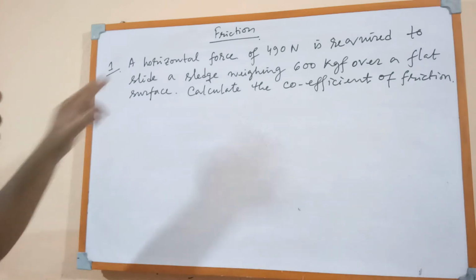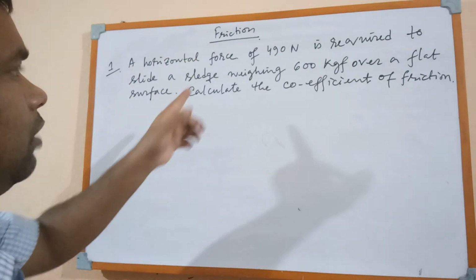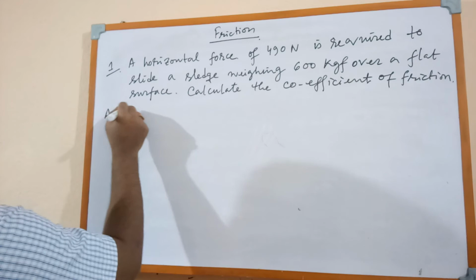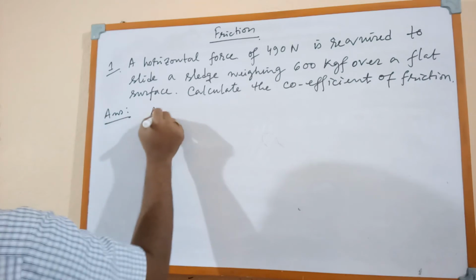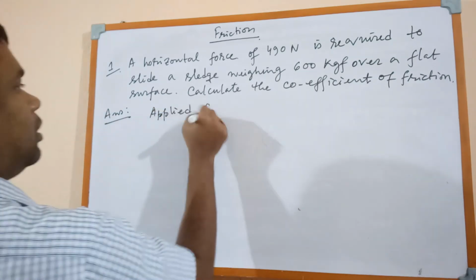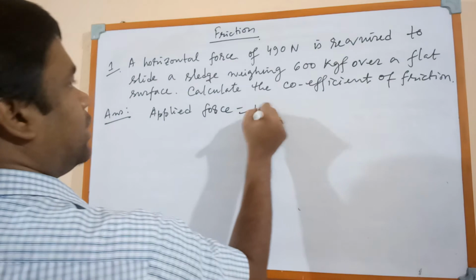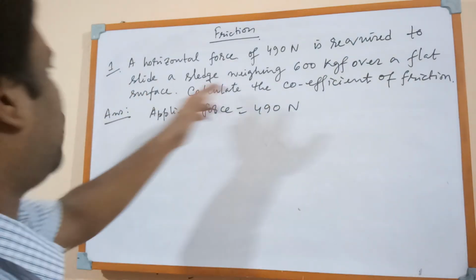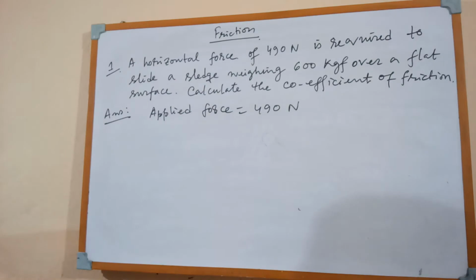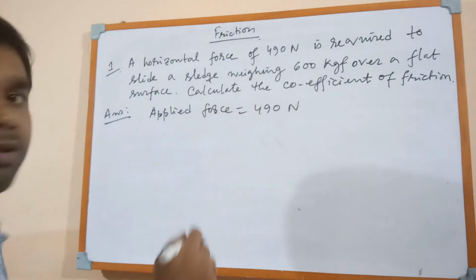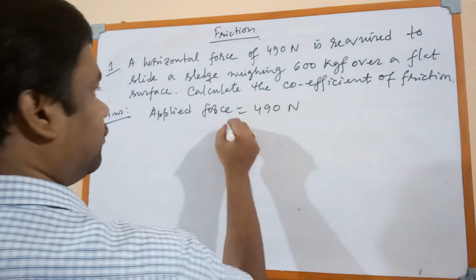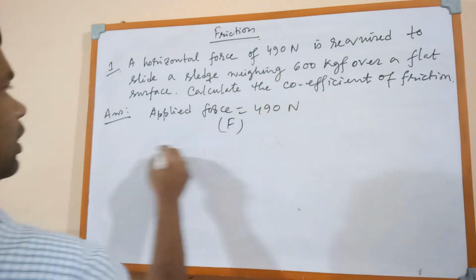Here the horizontal force of 490 Newton is given. So the applied force F is 490 Newton, and the weight W is 600 kilogram force.